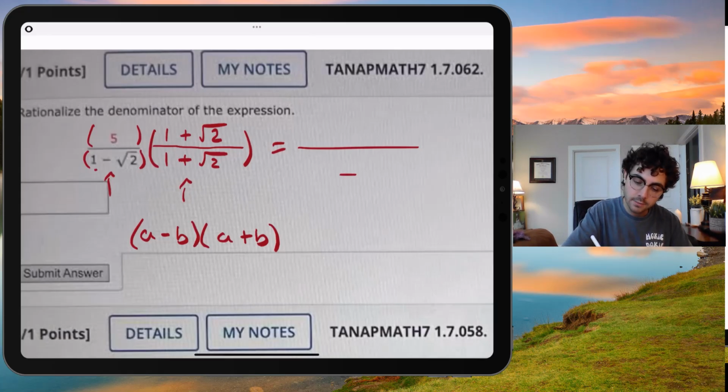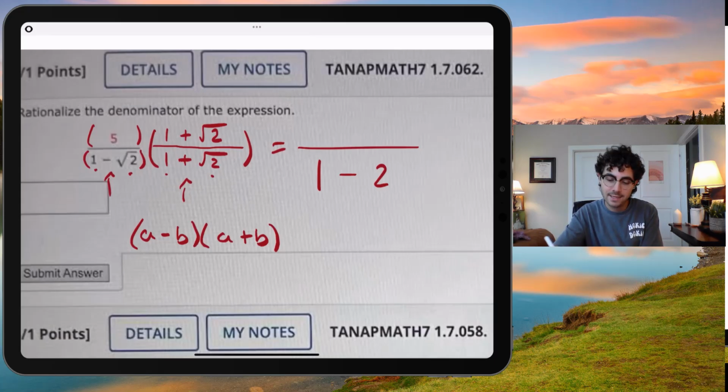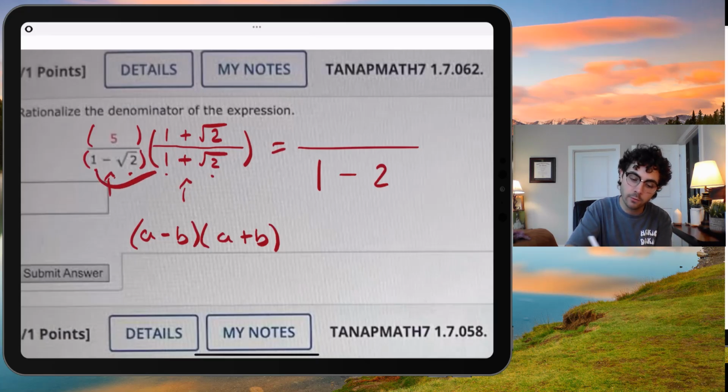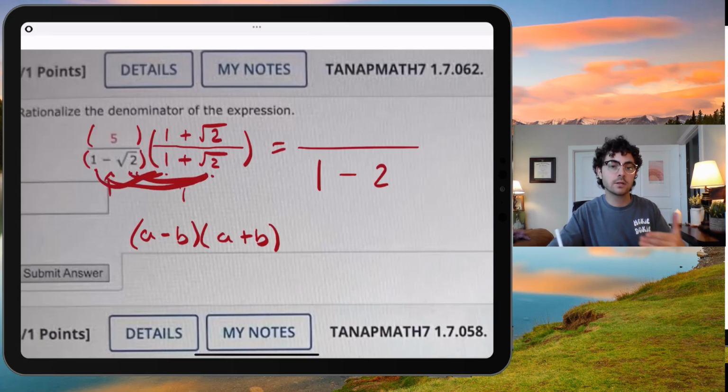So 1 times 1 is 1. Root 2 times root 2 is just 2. And that is the whole thing in the denominator. That is what we get if we even FOILed all this out, because the middle terms would cancel out because of the plus and minus. So just the first term squared, 1, second term squared, 2, is what we get on the bottom.